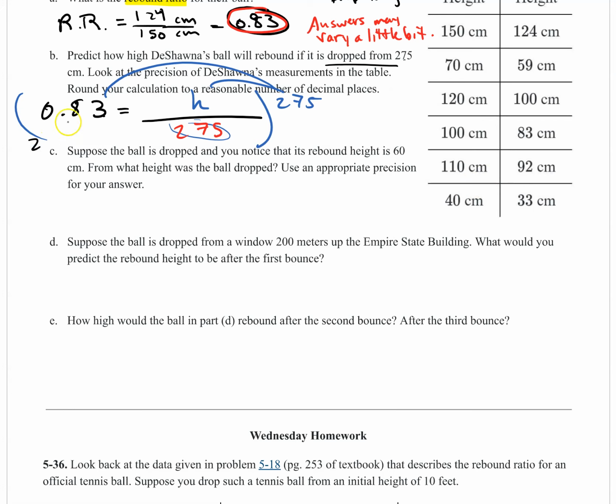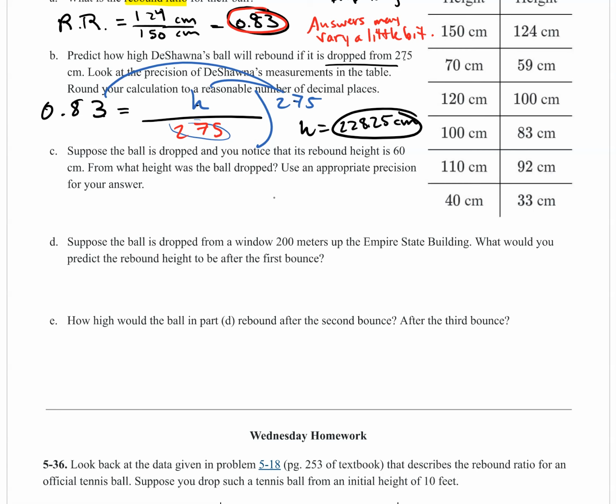I'll write it down here for now, 228.25, and that's equal to h times 275, that's 275h, and it's still over 275. Now 275 divided by itself, that's the giant 1, so h equals 228.25 centimeters, and that's the power of the rebound ratio.